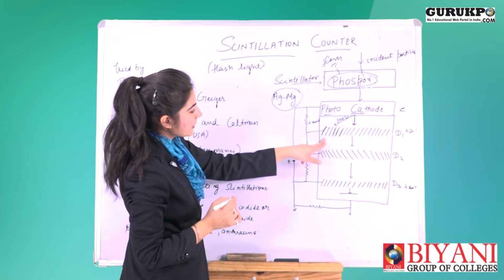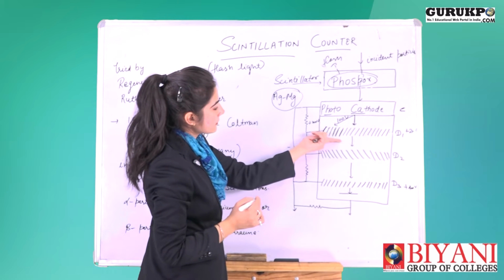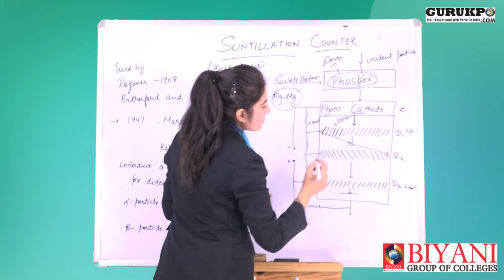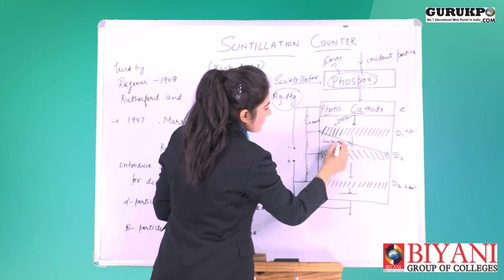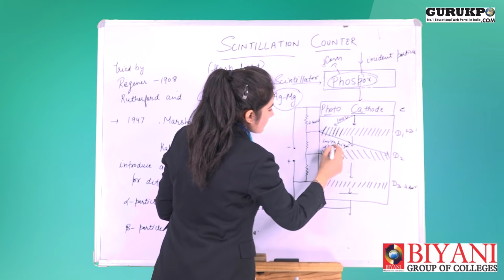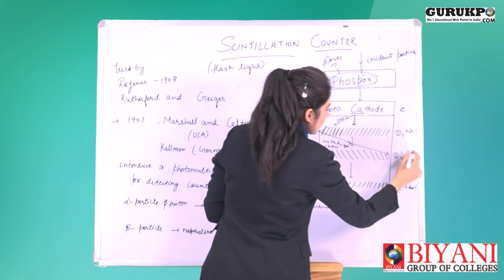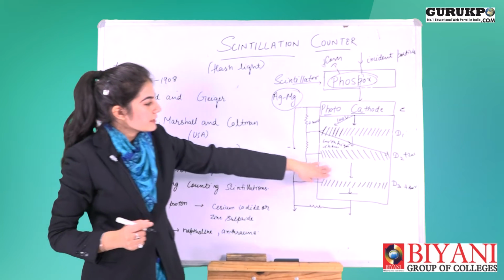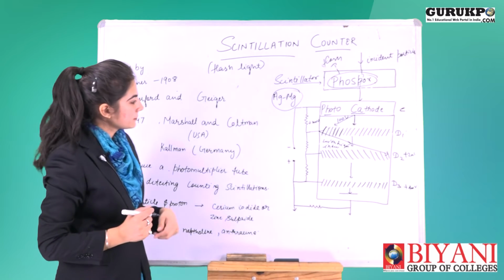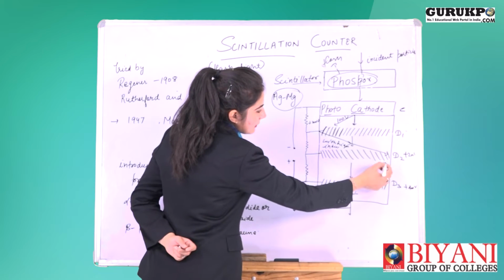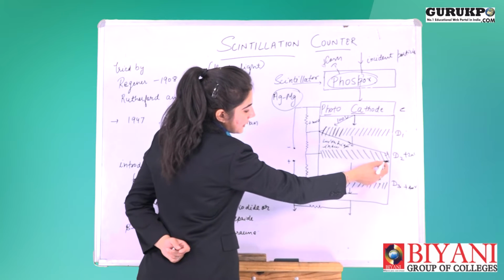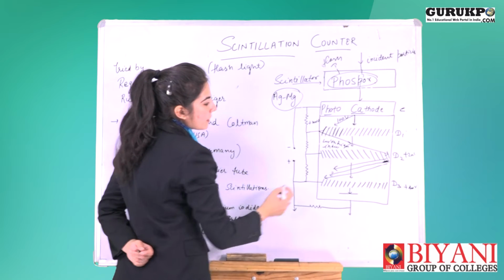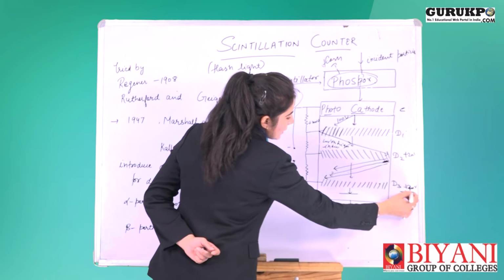After reaching there, they go to dynode D2 with higher intensity, maybe the potential increases up to 200 volt. Then they get reflected and come to dynode D3, where their intensity is maximum, up to 300 volt, and so on.